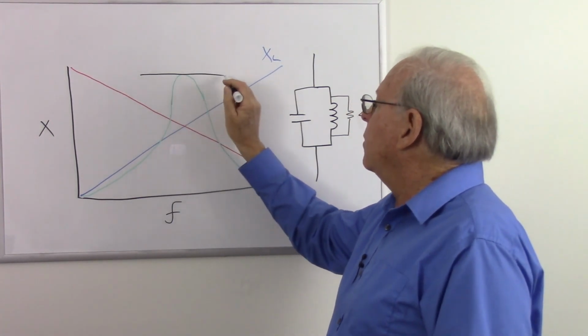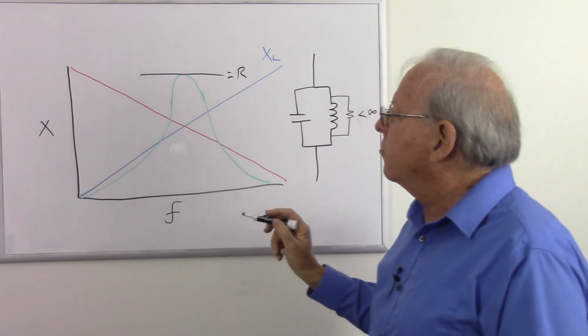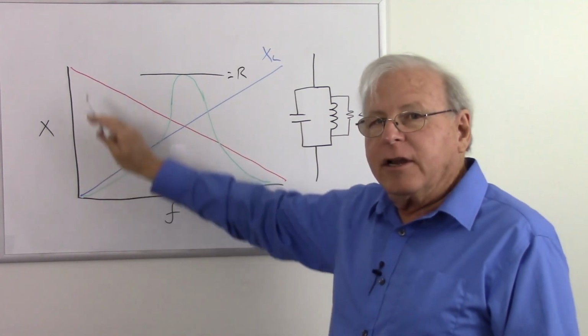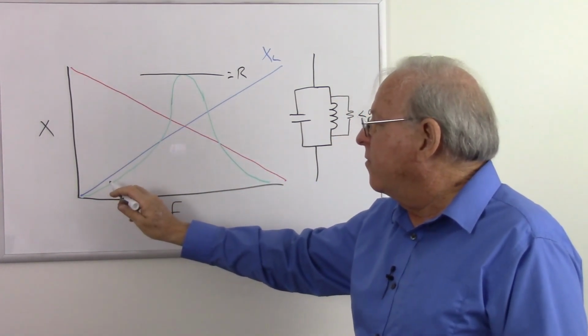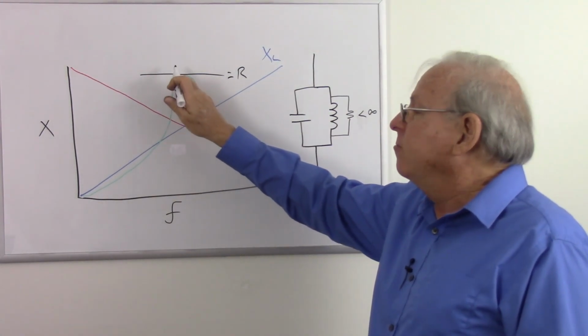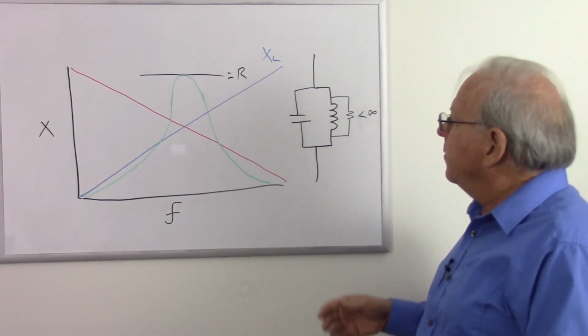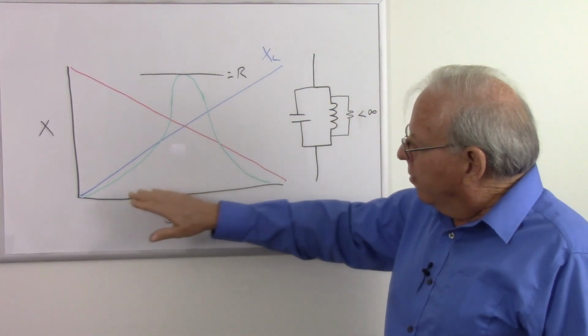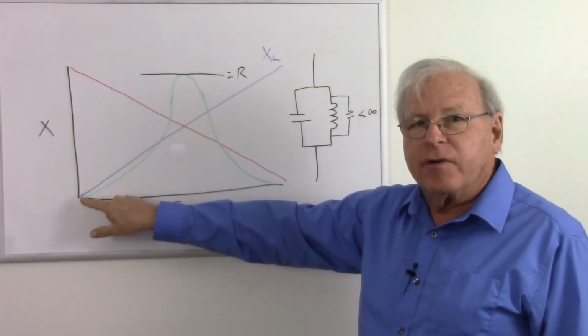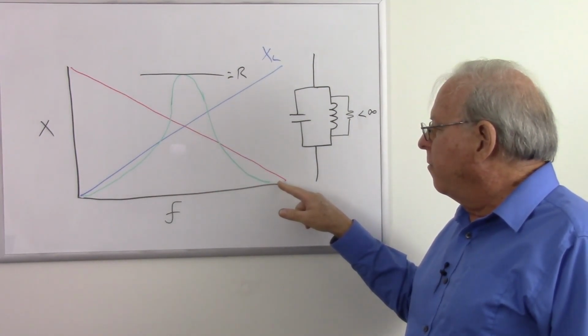It's going to be equal to our resistance. So whatever our inductive reactance is or our capacitive reactance is, the maximum we're going to get is going to be equal to that resistor. So now we've determined that we have a curve like this: at low frequencies, very low impedance, at high frequencies, very low impedance.